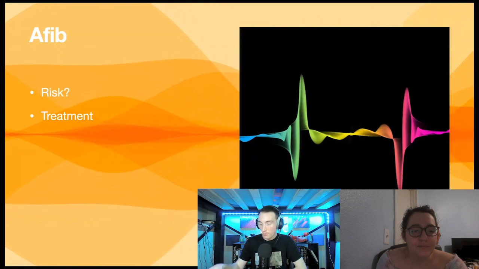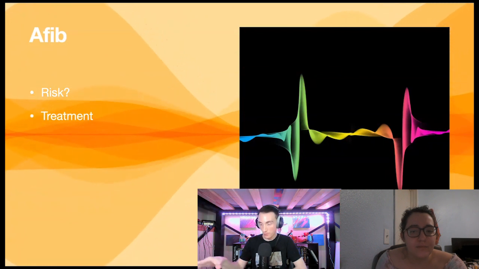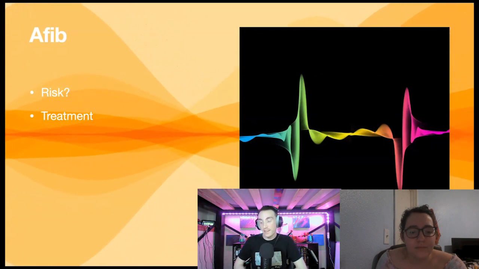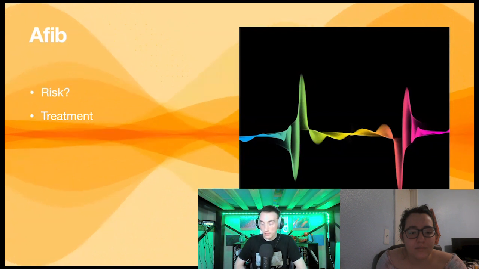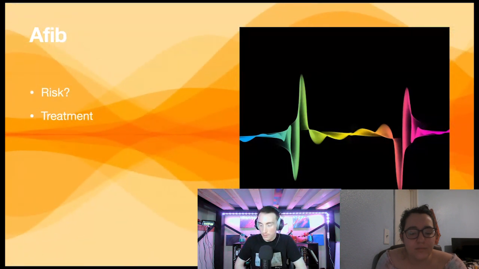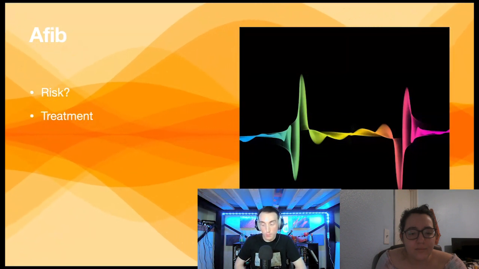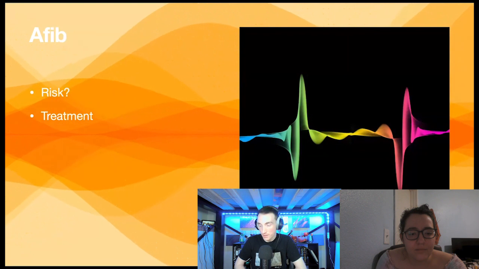AFib can cause a 4 to 5 fold elevated risk of stroke, and it's also associated with increased mortality. It causes about 15% of strokes per year, and an estimated 2.7 to 6.1 million Americans are diagnosed with it.